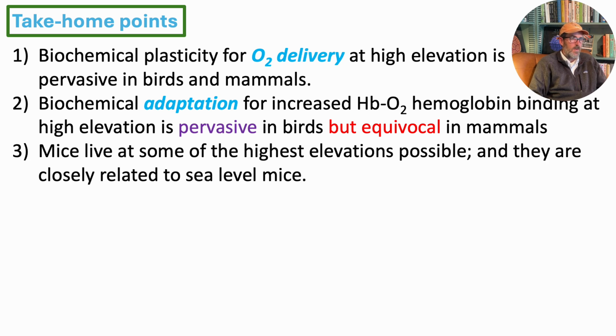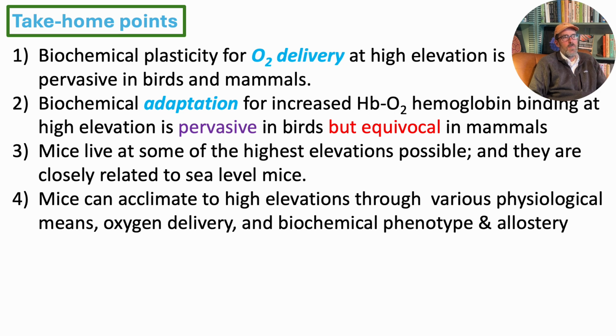Sometimes it's there, sometimes it's not. Mice live at some of the highest elevations possible, and they are closely related to sea level mice. Mice can acclimate to high elevations through various physiological means that might involve oxygen delivery and the biochemical phenotype and allosteric interactions.